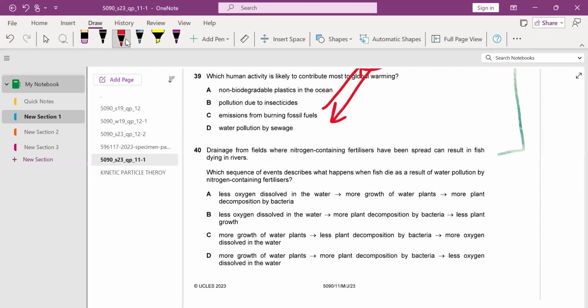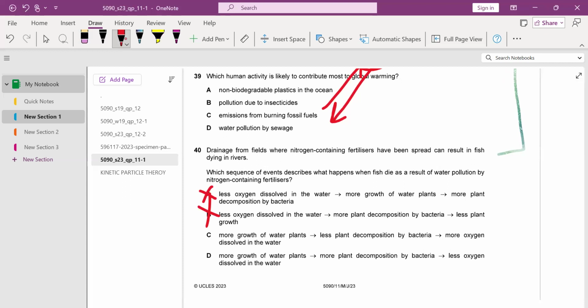Let's read out the options. Less oxygen dissolved in water. No. By reading the first part, you can easily identify whether it is correct or not. If it is correct, you can read further on, and if it isn't correct, you can move to the next one. Less oxygen dissolved, so again incorrect.